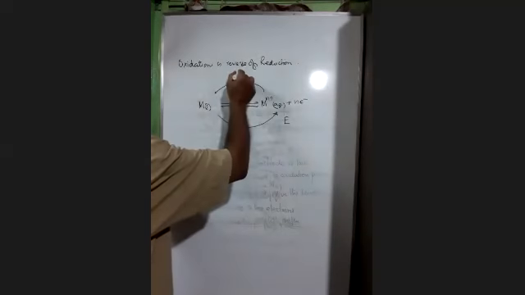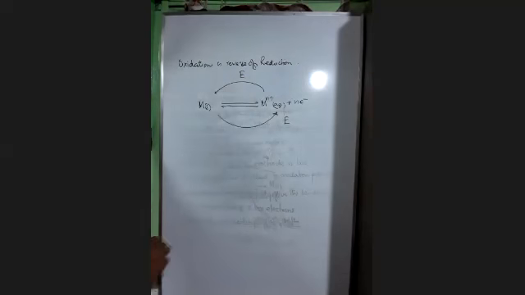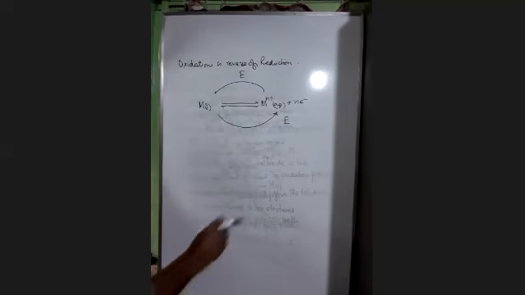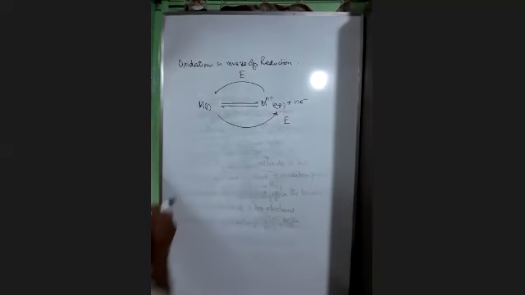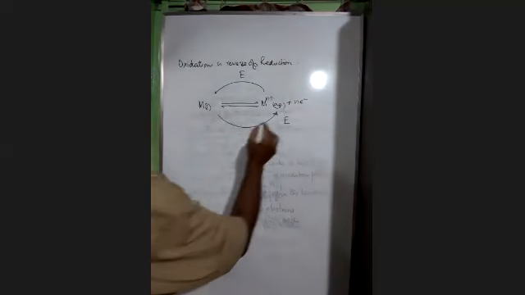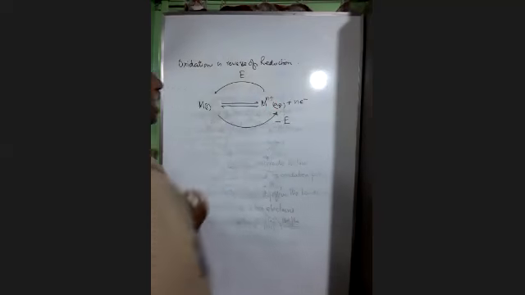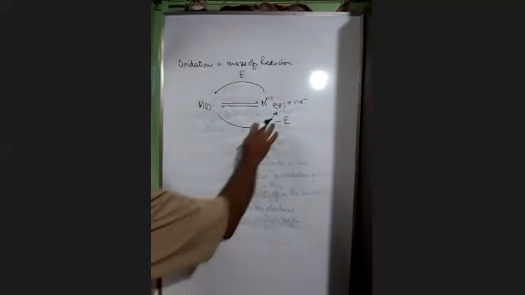The value will be the same, but when it loses electron, the magnitude of both of them will be the same.